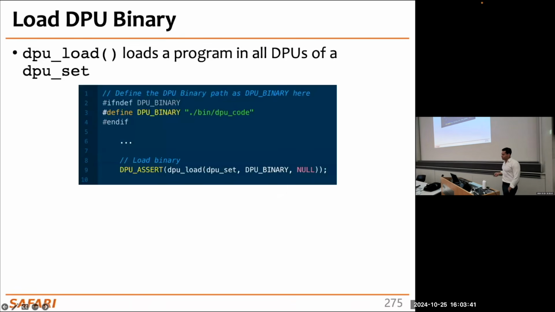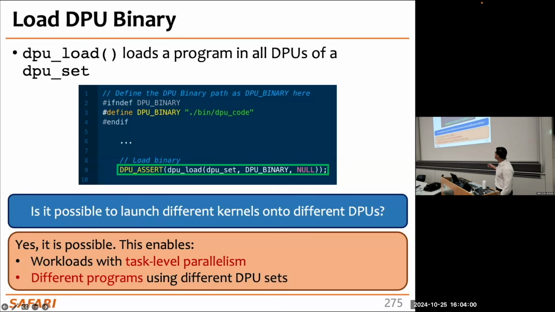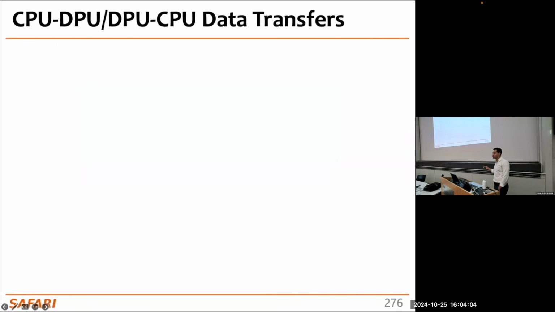Once you allocate the DPU, you need to load the binary of your application into the DPU itself. So you point to the binary that you're going to execute, and then you load the DPU binary in the DPU set by passing that pointer itself. So you can launch different kernels onto different DPUs doing the execution of the application, for example. But you're not going to do that in the lab three.